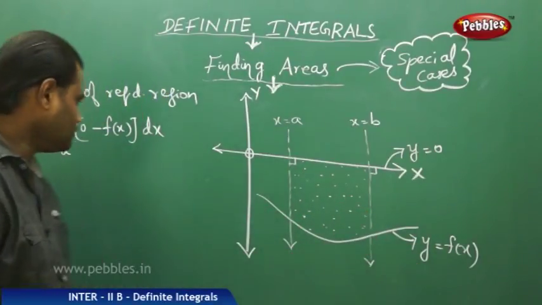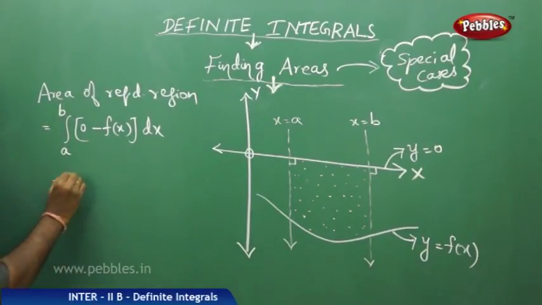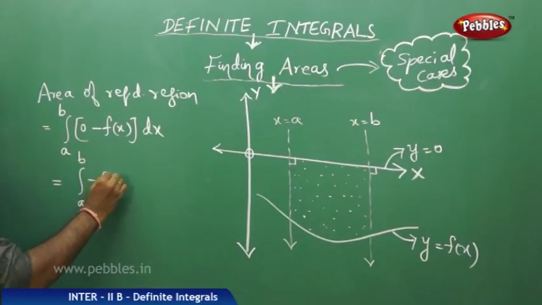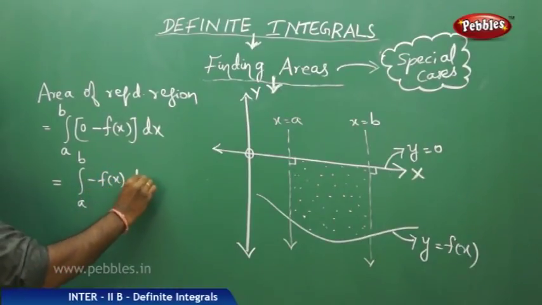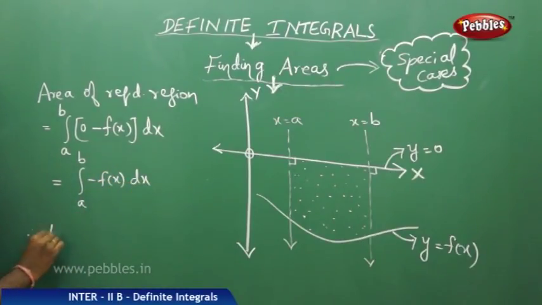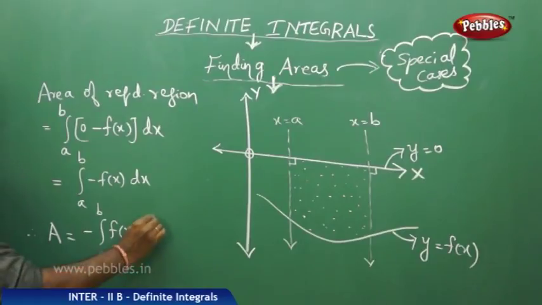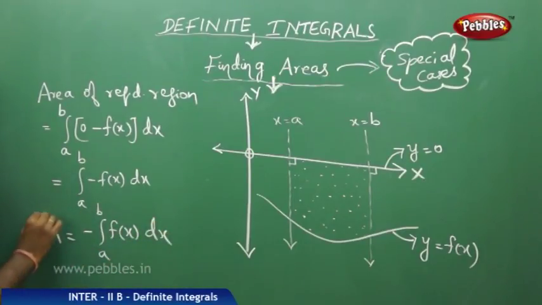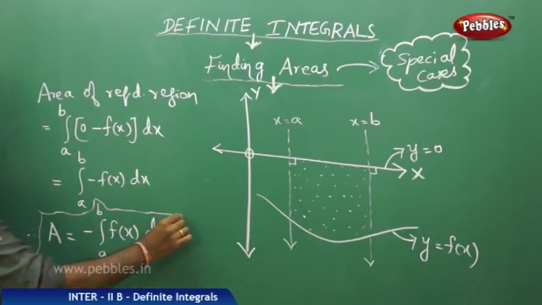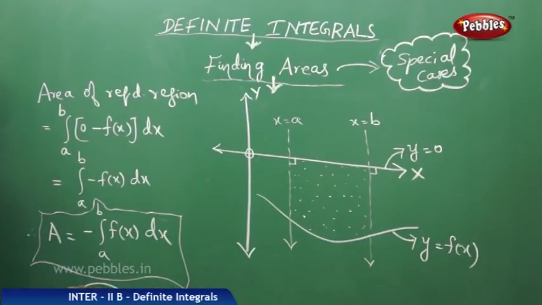Now when we simplify this further, I get the integral from a to b of minus f of x dx. Therefore, the area is given by minus the integral from a to b of f of x dx, is how we understand the area in the case of the fourth quadrant.